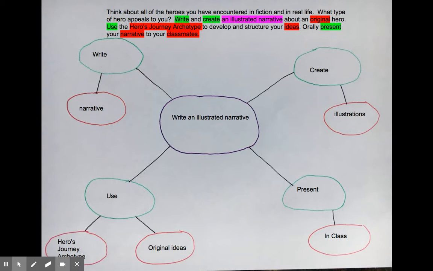You're going to do illustrations, and like I said, we're going to get into that a little bit more deeply in the future, so let's hold off on an explanation of that for right now. Okay, what are you going to use in order to do it? You're going to use the hero's journey archetype, which is something we're going to cover very extensively in class over the next couple of weeks.